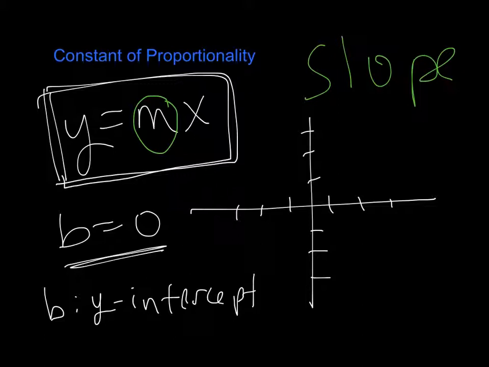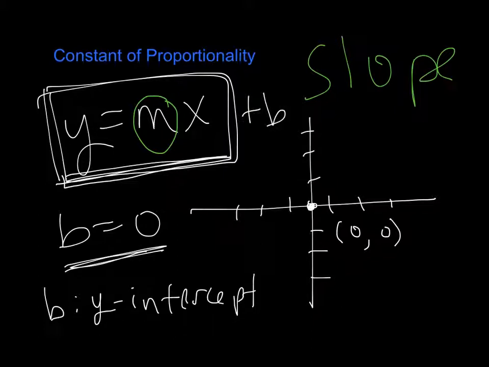So if b equals 0, it means it intersects right at the origin, right? It's 0, 0. So every single line in this form is going to pass through the origin, through 0, 0, because b equals 0. There's no b out here, right? There's no b. It's 0.